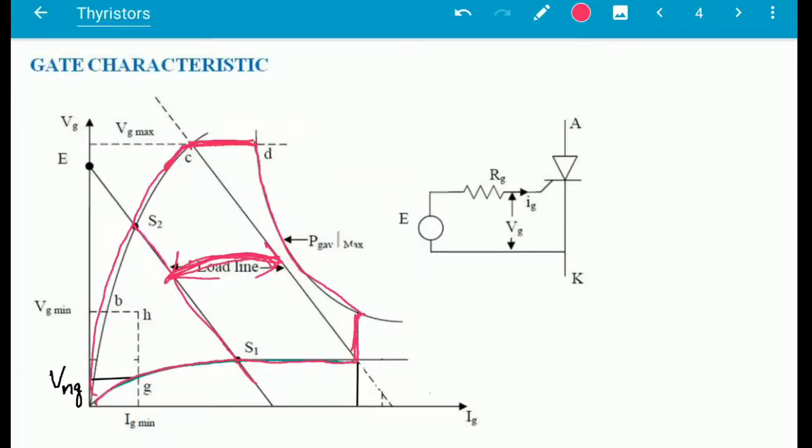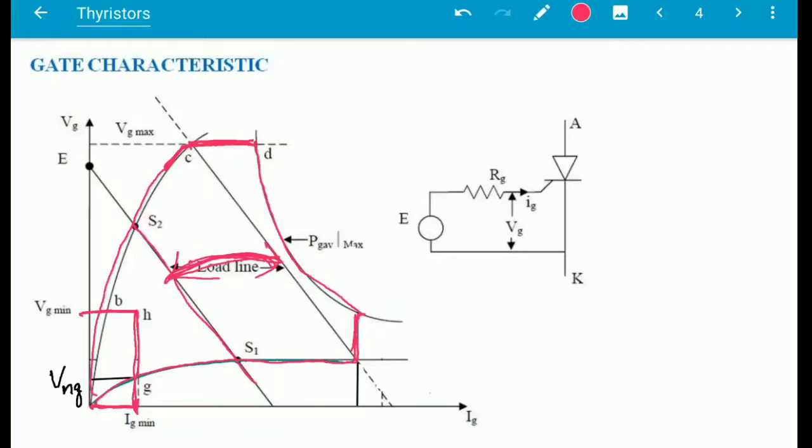And next comes, what are the other characteristics of the gate? Here is the minimum gate voltage and minimum gate current. This is the minimum gate current and this is the minimum gate voltage that are required to turn on a thyristor.